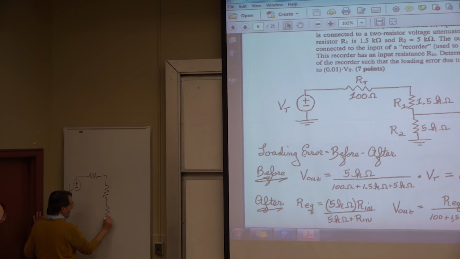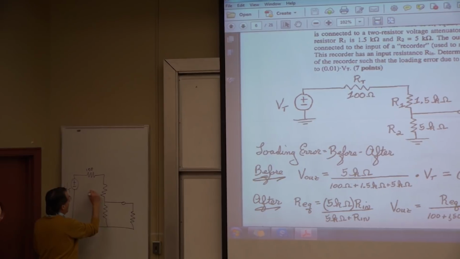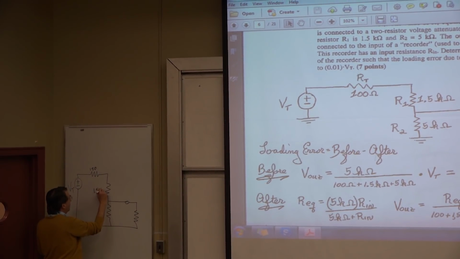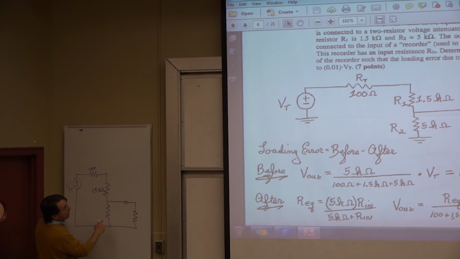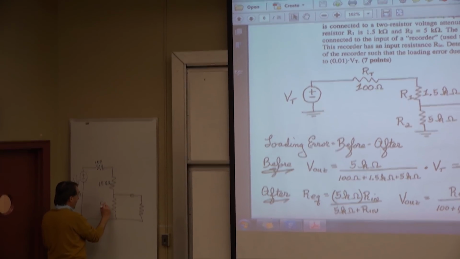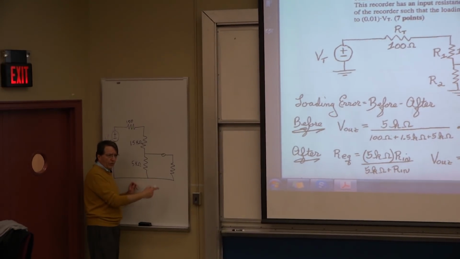I wonder if anyone can help me out. And then this is the connection to Rin. All right, does this make sense? This was 100 ohms. And this was 1.5K. And this was 5K. And what was this value of Rin that we calculated?